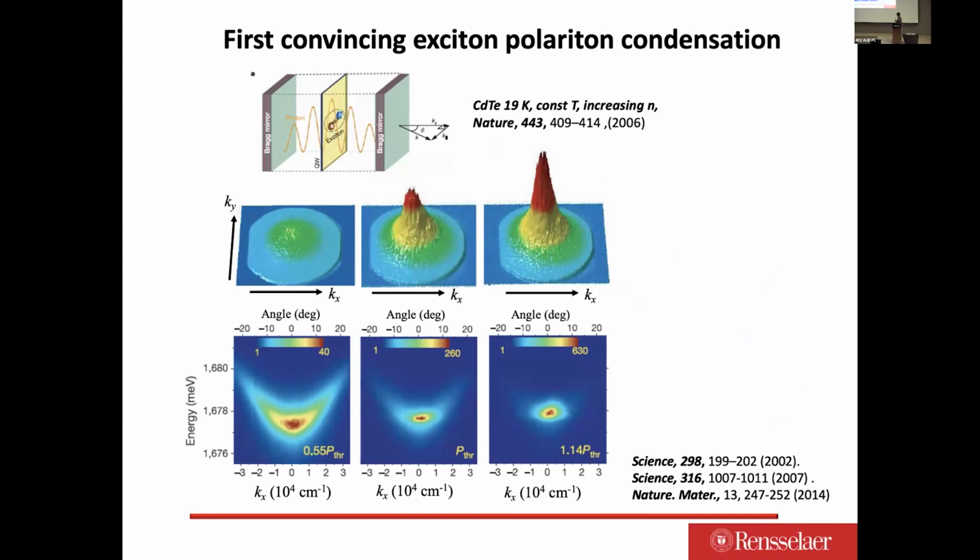As they increased the particle density, you can see they indeed undergo Bose-Einstein condensation similar to the cold atom, and the Kx, Ky equals 0 energy minimum point starts to be massively occupied. What's more exciting is you see a noticeable blue shift. That means the particles are interacting as well. It's not non-interacting. There is a little bit of interaction, which is critical for later studying superfluidity and many other interesting physics.